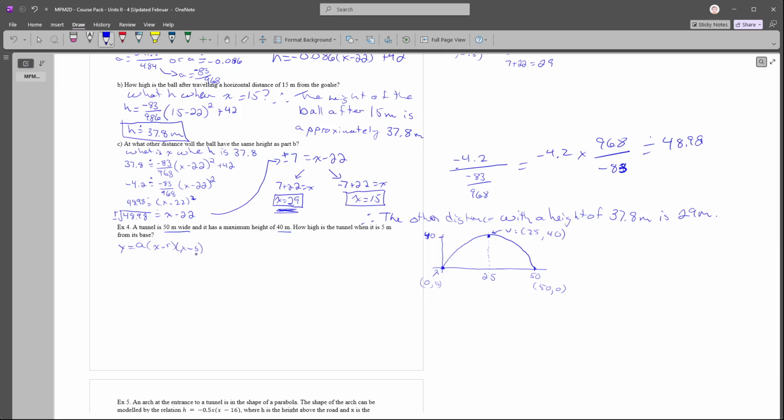Now, what do all these things represent? We didn't do any let statements, so we better start with that. So let's say let x be the width of the tunnel, or the distance from the base of the tunnel. Let x be the distance from the base, or the start, the base of the tunnel.